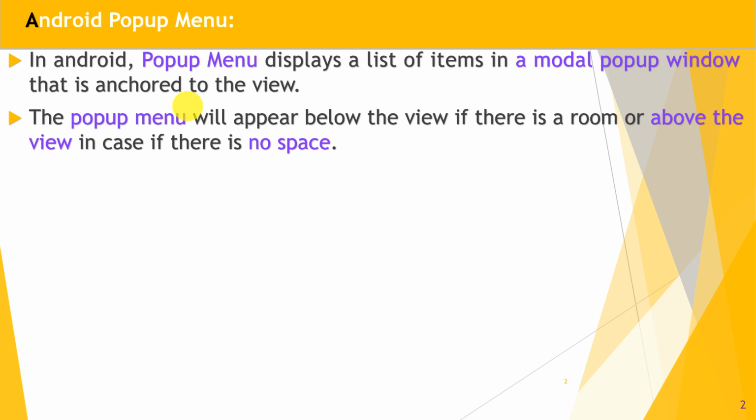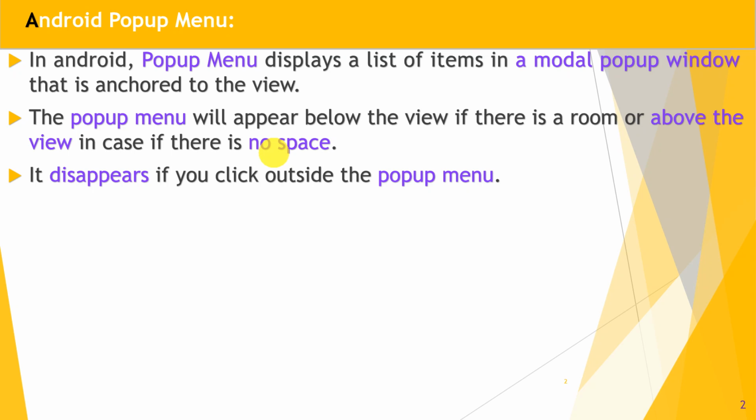The pop-up menu will appear below the view if there is room, or above the view in case there is no space below. So the pop-up menu pops up upside or downside as per the availability of space on your screen. It disappears if you click outside the pop-up menu, so it disappears automatically when you click outside.